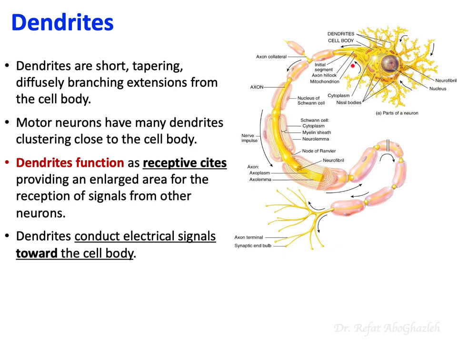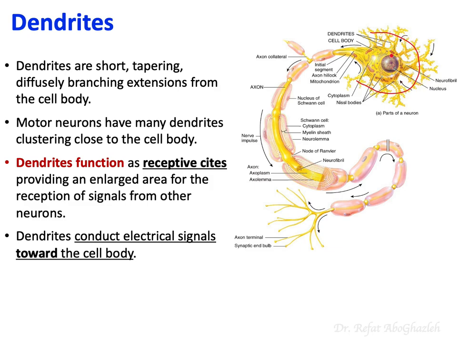The function of these dendrites is to work as receptive sites to communicate and carry signals from other neurons, whether through their dendrites, cell bodies, or axons, depending on the synapses. By branching, they increase the area for receiving signals.